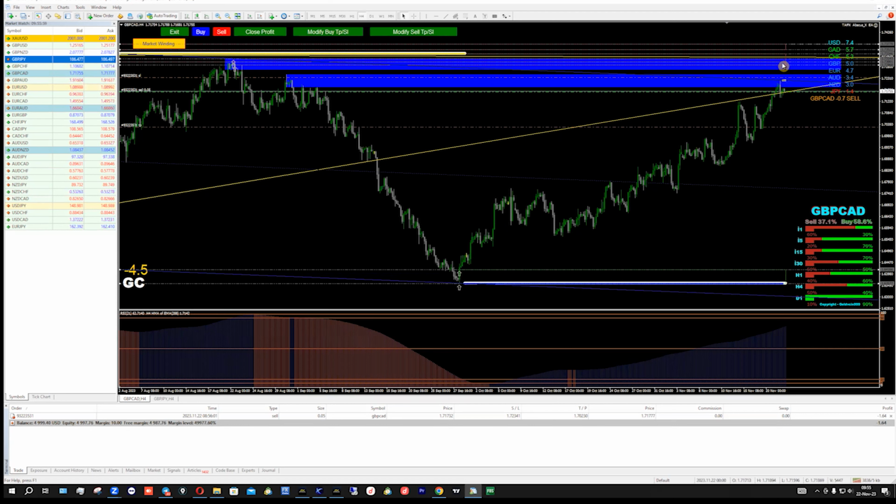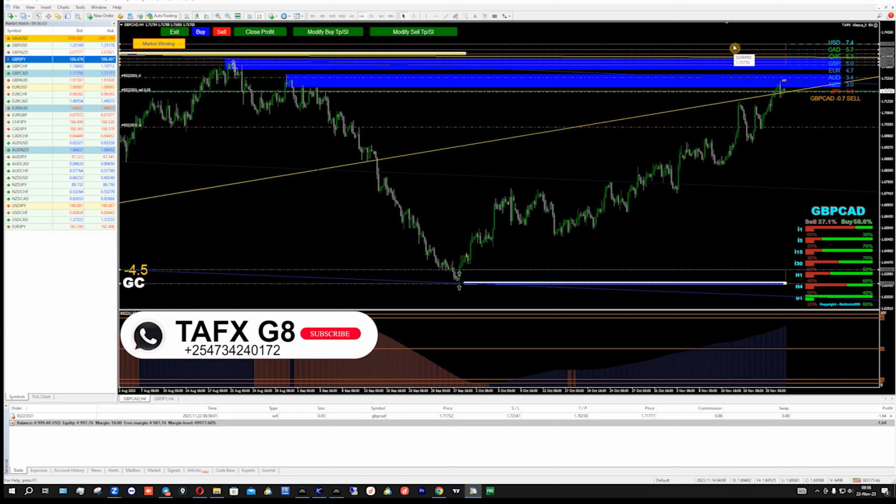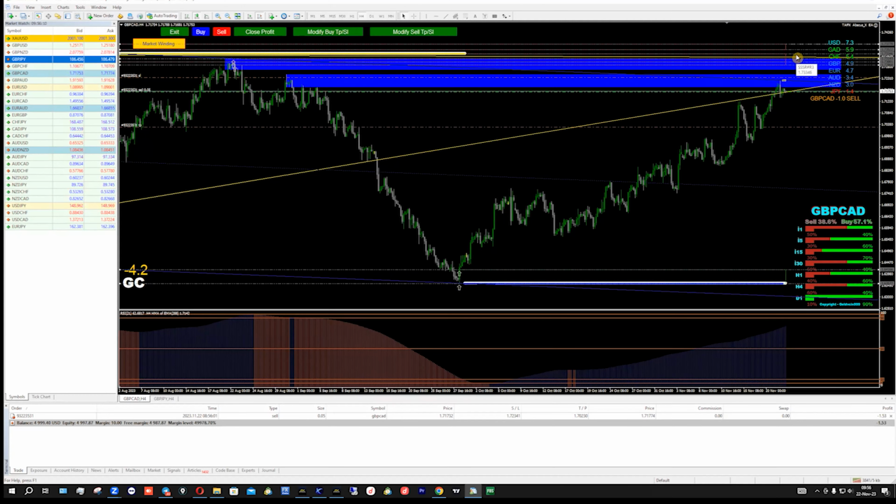So our next entry will be here, and the stop loss will be above here. And you can see also our system has already drawn the area to show us this is the point of interest. All right, guys, now you can take another sell and set your stop loss here or here. Then you can take this market professionally.